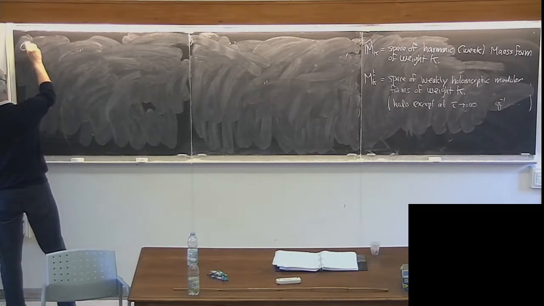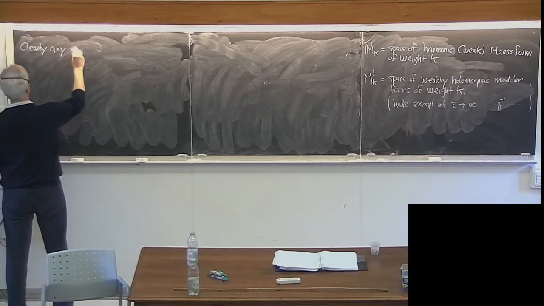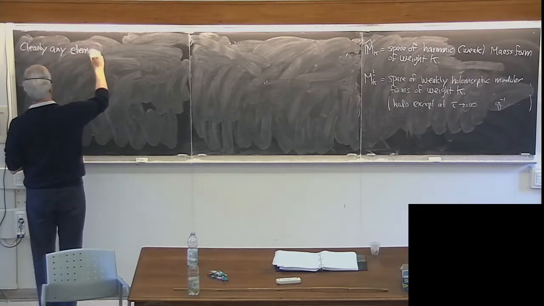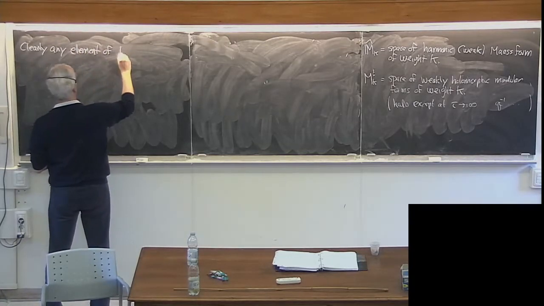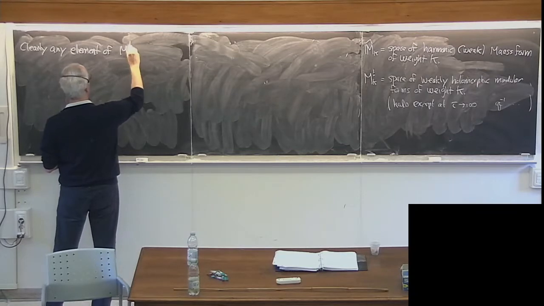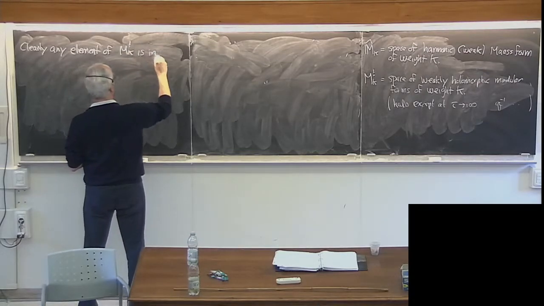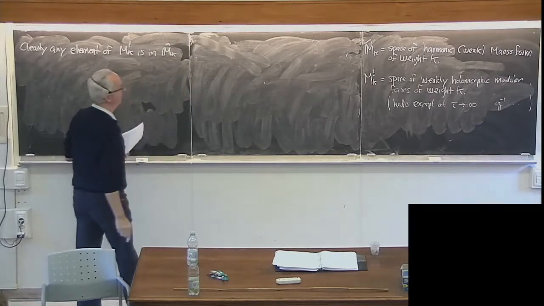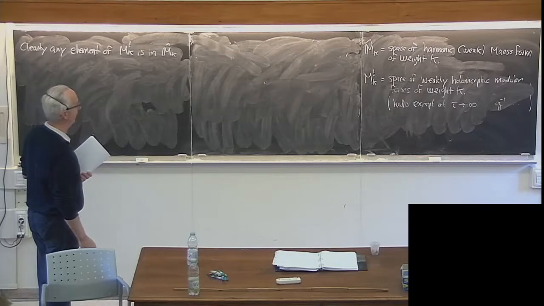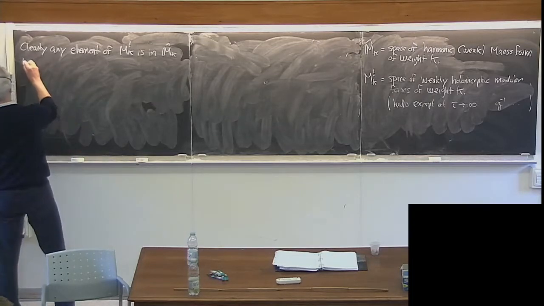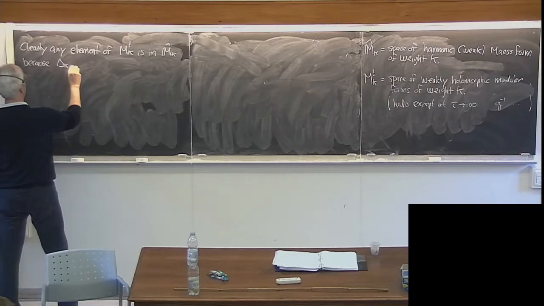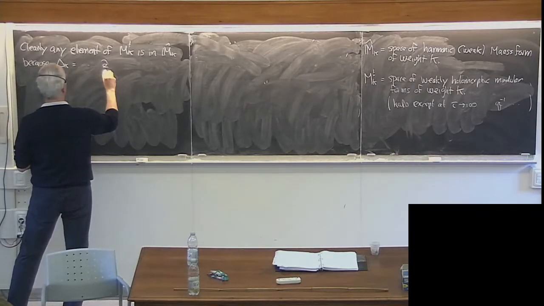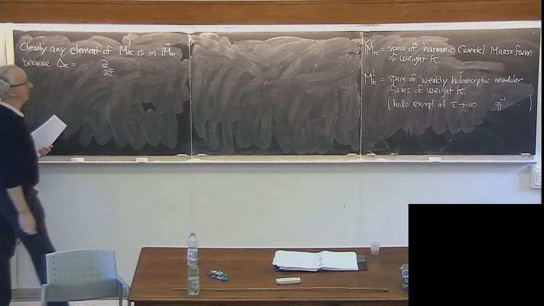Now, it's clear that any weakly holomorphic modular form of weight k is an element of this space of harmonic mass forms of weight k, because the weight k Laplacian has a d by d tau bar in it on the far right.